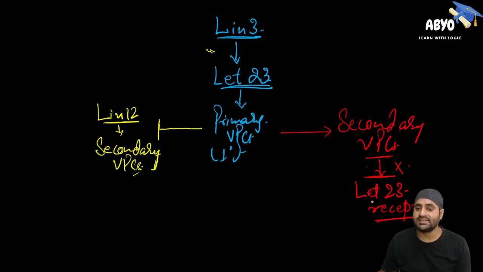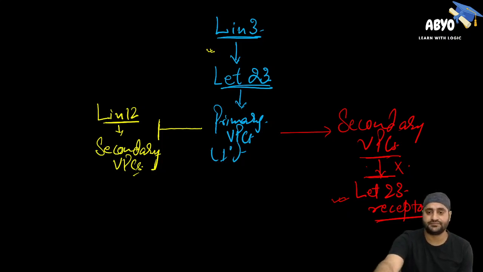Okay, intracellular signaling. So within the secondary VPC, they will not allow the development of LET23 receptor, so that they will not further receive this Lin3 protein, right? As a result of that, their fate is decided.